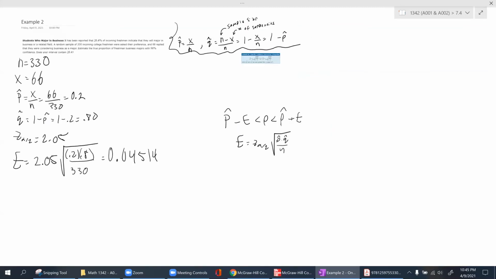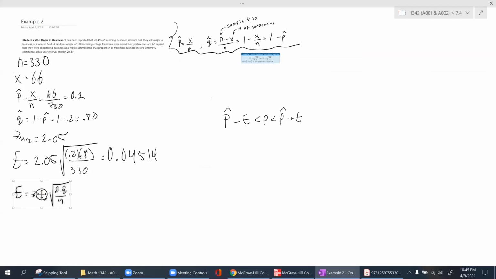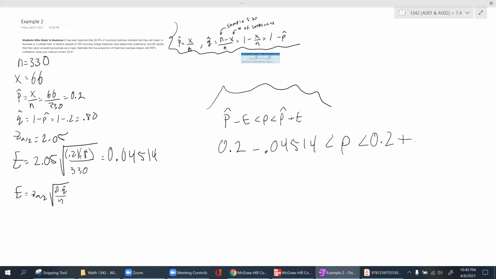Let's go ahead and plug everything in. This here has been used. There's the formula for that. Let's plug it in. So where's my p-values? This is 0.2 minus 0.04514, less than p, less than 0.2 plus 0.04514.